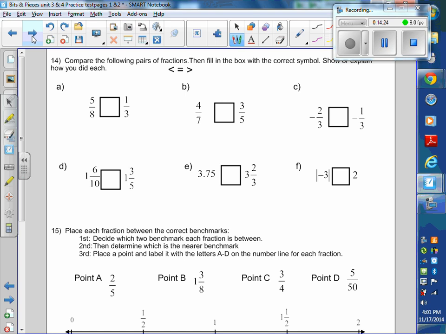Probably the easiest way for most of you is just to get a common denominator. So I could get the denominator of 24 here. 3 times 8 is 24. 1 times 8 is 8. And here we're going to change 5/8 times 3. And you get 15/24. So 15 is bigger than 8.